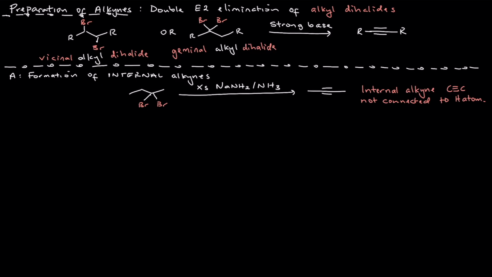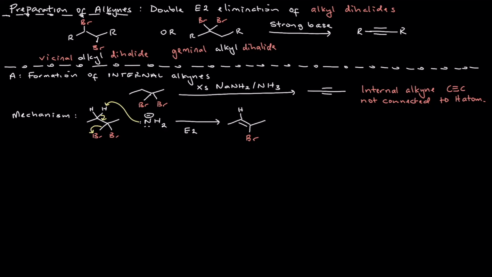Okay, let's consider the mechanism of this reaction. If you have this geminal dihalide in the presence of an amide, because the amide is a strong base, it's going to deprotonate one of the beta hydrogens in an E2 fashion to form this vinylic halide.